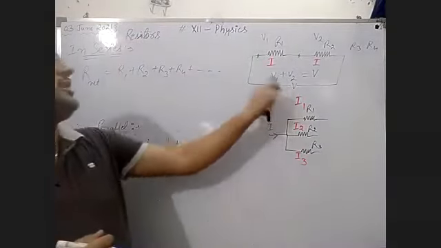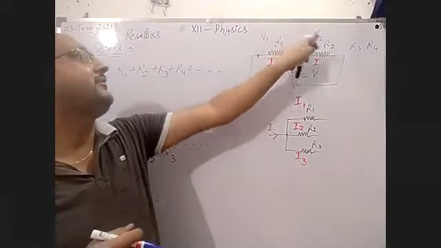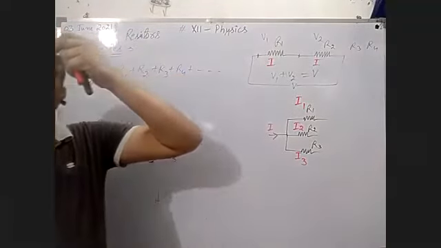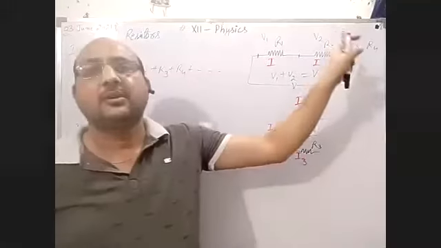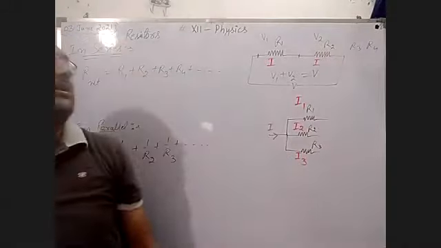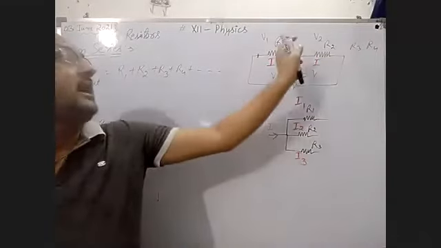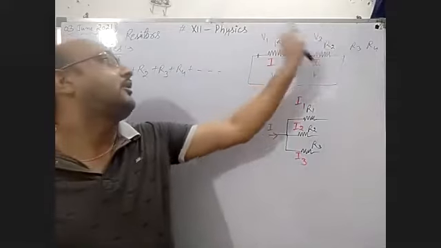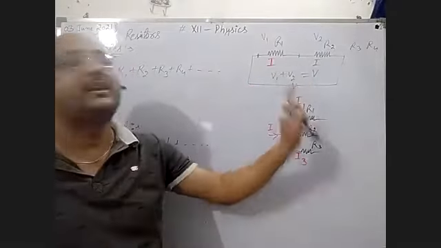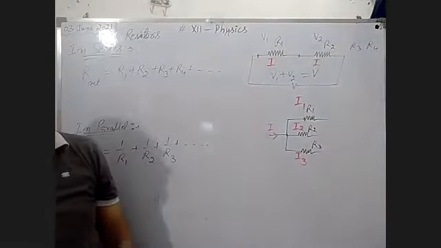If V is the voltage you apply, then there will be two voltages, V1 and V2. They may be the same if the resistors are the same, but different if R1 and R2 are different. Now the total of V1 and V2 will give you the original value of voltage.